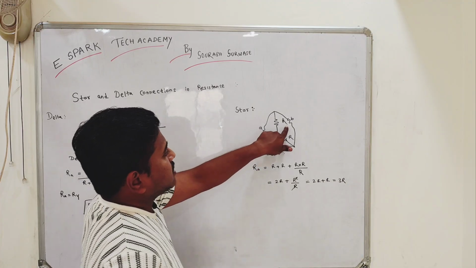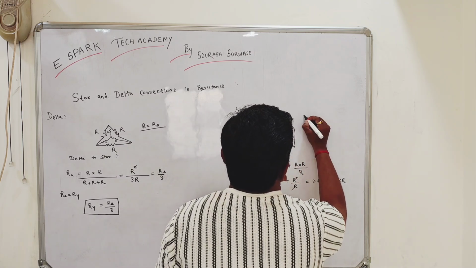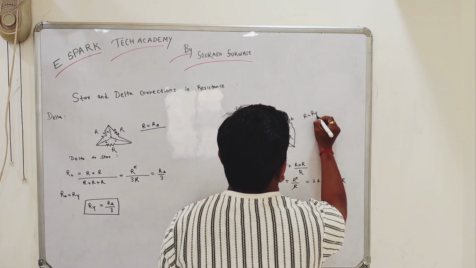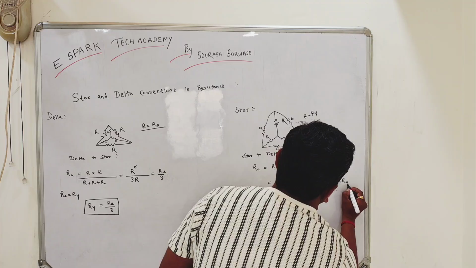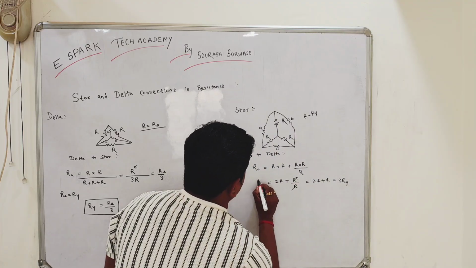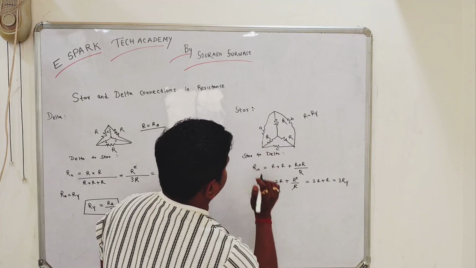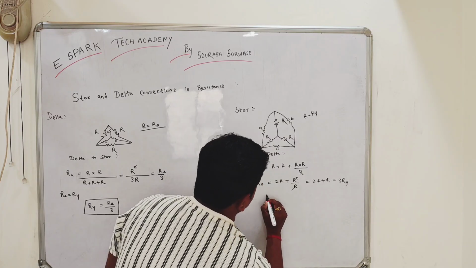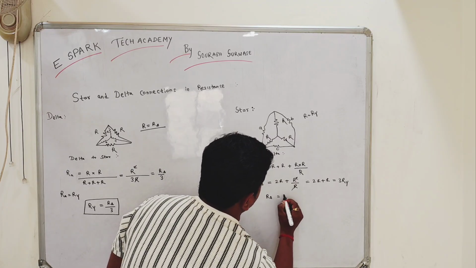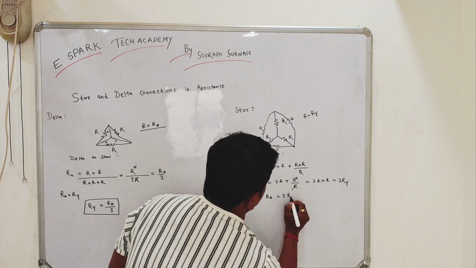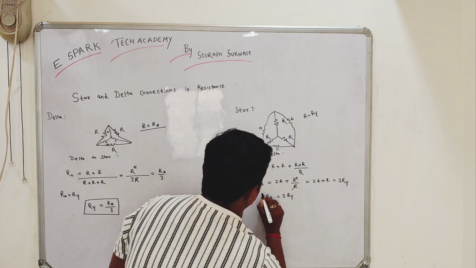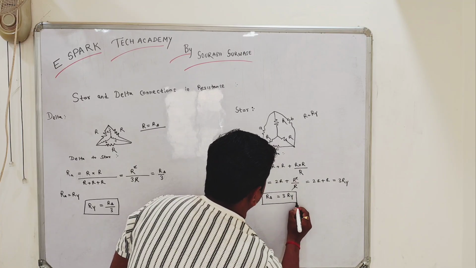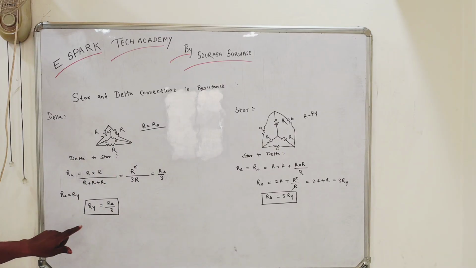Now as previously this resistor R is nothing but R star, you can write here R star, and this Ra is nothing but R delta in this case. Hence R delta is equal to 3 into R star. The same thing has been derived in both the cases.